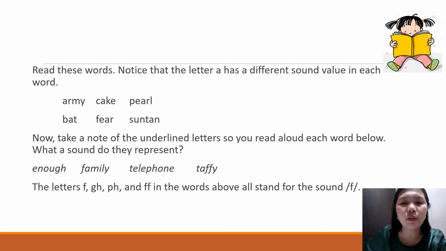Now, take note of the underlined letters as you read each word below. What sound do they represent? Enough, family, telephone, coffee. The letters F or PH in the words above all stand for the same sound.